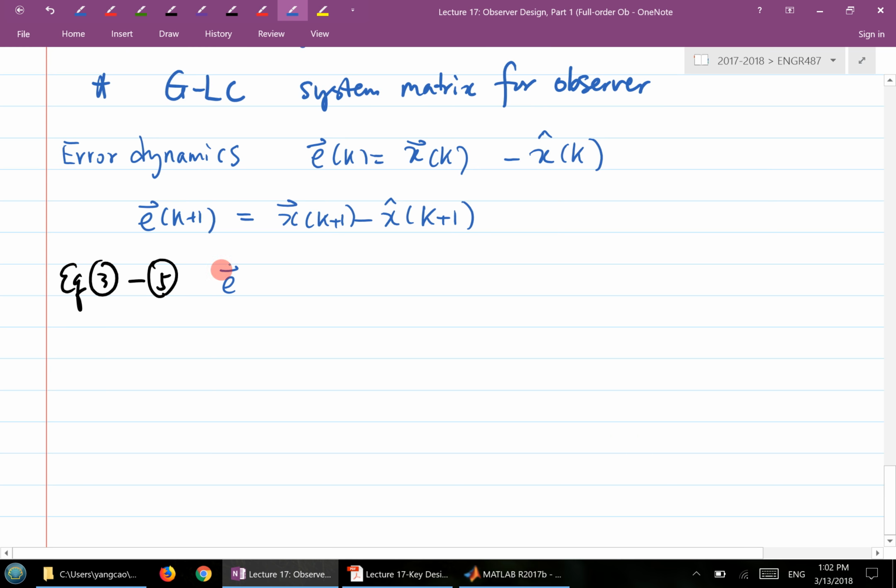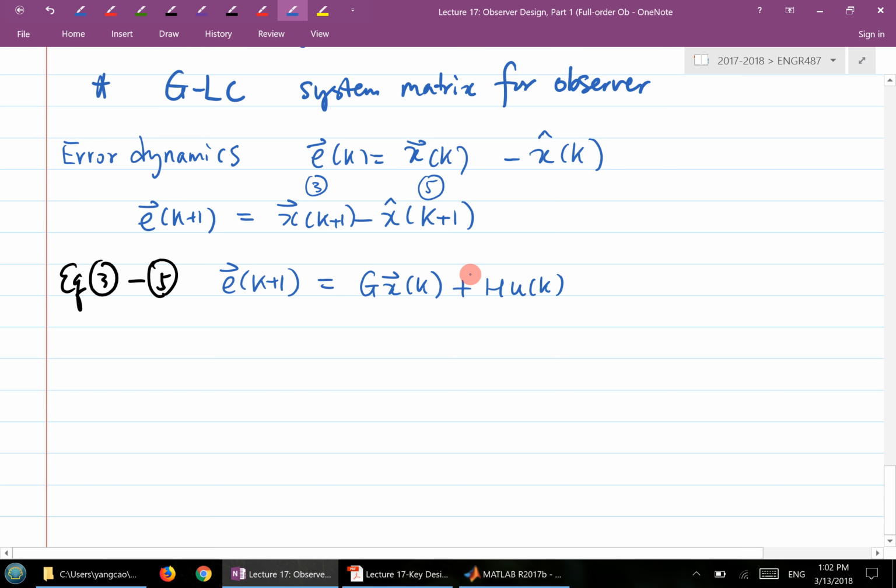So we got e of k plus 1. Basically over here this is the e, and on the other side, this is equation 3, this is equation 5. So equation 3 minus equation 5 would give us G times x of k plus H u of k. That's equation 3.